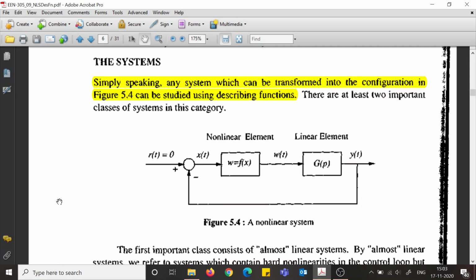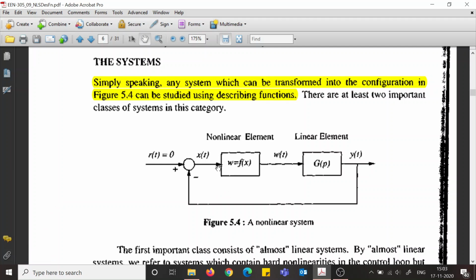If we are able to do so, then we can go ahead and formulate the describing function analysis for a particular nonlinear system. But when can we do so? When can we approximate the periodic output of a nonlinearity with only the fundamental harmonic? Look at figure 5.4.